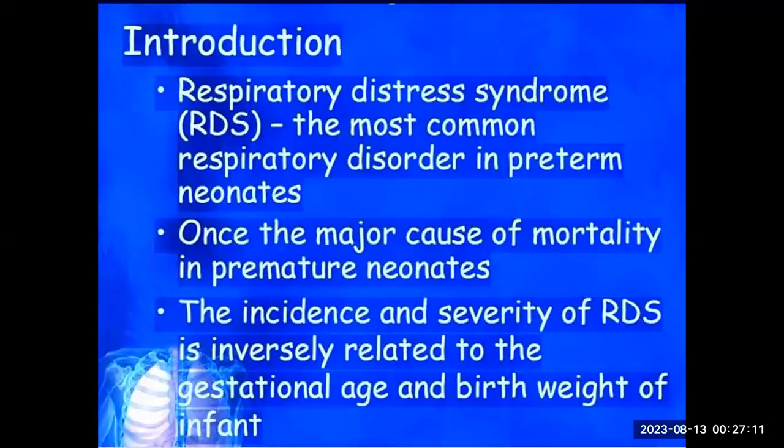Respiratory distress syndrome is the most common respiratory disorder in preterm neonates, once the major cause of mortality in premature neonates. The incidence and severity of respiratory distress syndrome is inversely related to the gestational age and birth weight of the infant. That is, if the gestational age is less than 35 weeks, then the baby is more prone to respiratory distress syndrome.